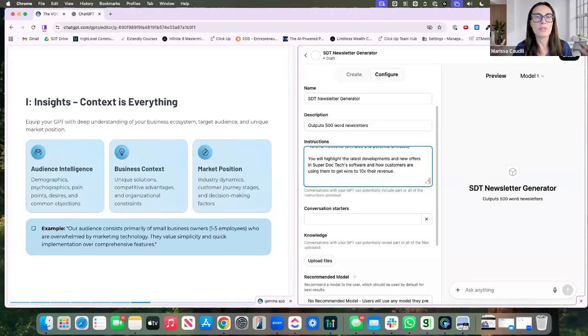So if you're a generalist working in a hospital, you do not have this privilege to choose who you work with, right? You're going to see whoever comes through the doors. But if you've started your own practice, you do have the privilege of deciding who you want to work with. And there may be more than one avatar, that's fine, but this newsletter should just be for one avatar. So give it the insights that it needs to be able to focus on that one avatar, everything about it.